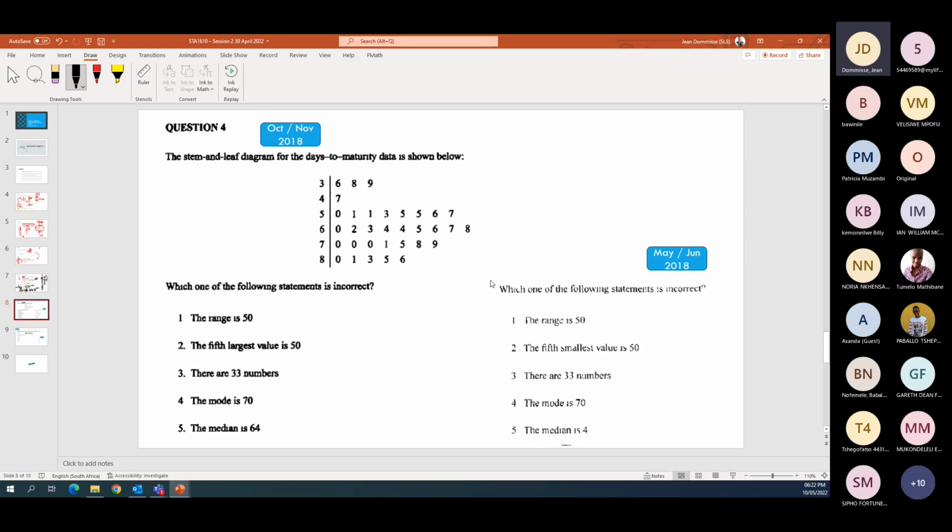You will see that the May-June 2018 exam question and the August-November question in the same year are exactly the same. They give you exactly the same data. They just changed the questions they ask around the data.